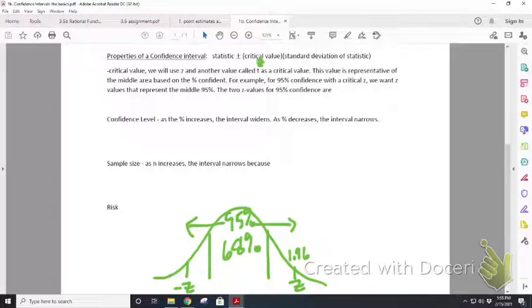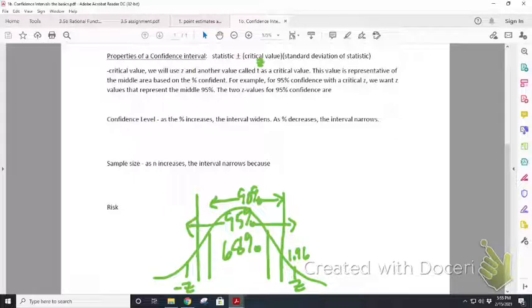So right out here, we have maybe another threshold. It's not a specific standard deviation, but up to this point, it's 90%. And that number happens to be 1.645.